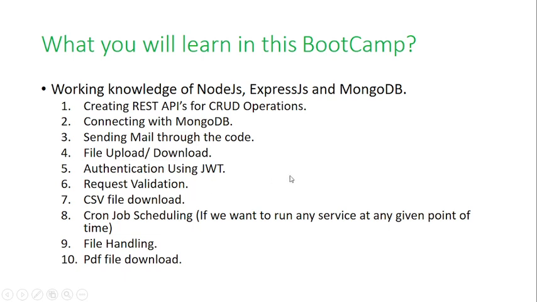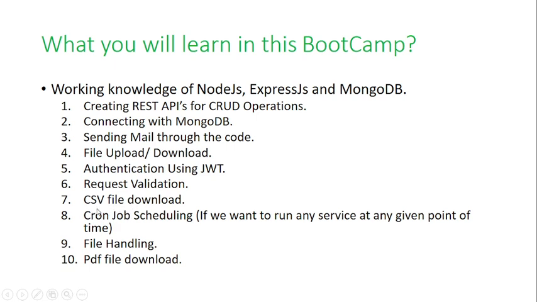So this is the important point. We have one package, Joi, so that one we are going to use. Seventh point is CSV file download. In our real time application, we will be having a lot of reports to be downloaded by the admin, by the users, right.